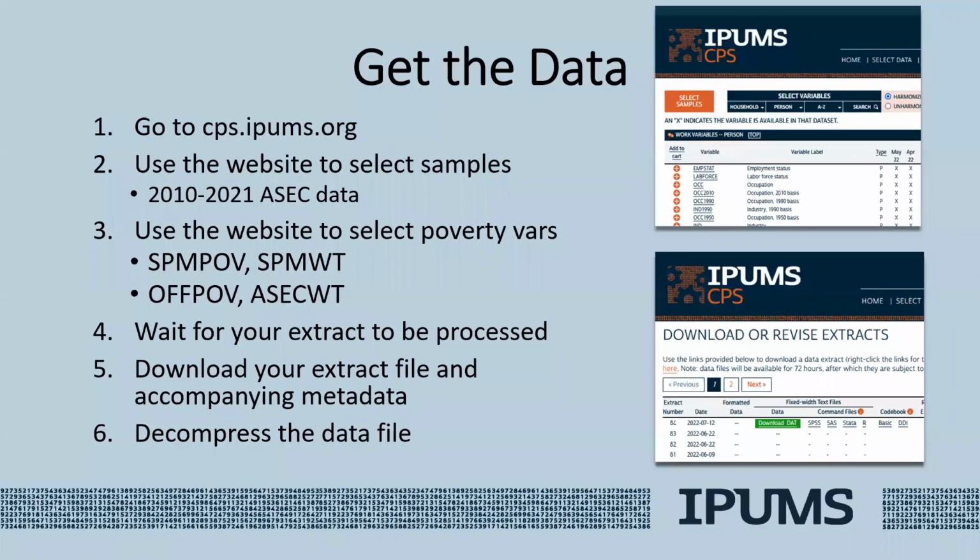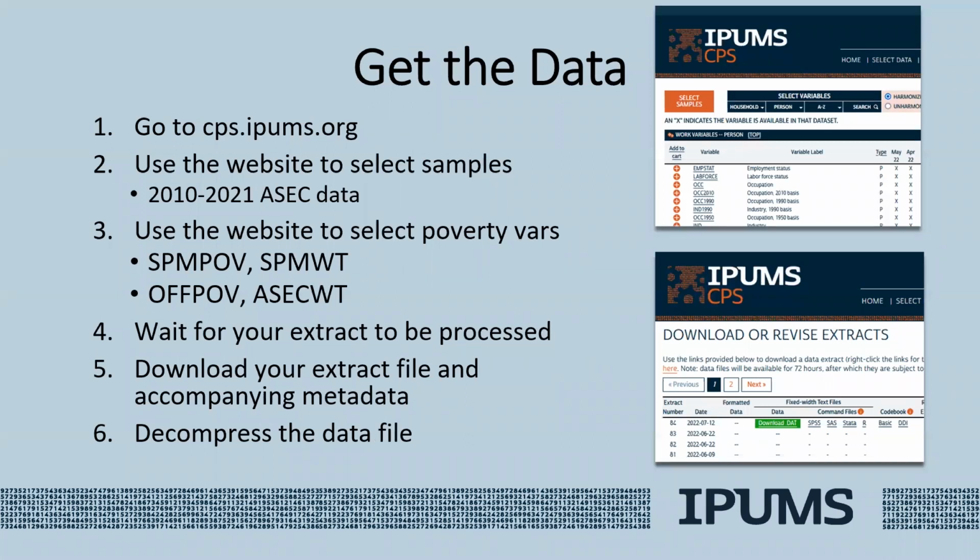So to come back to our IPUMS CPS example, if you remember our first get data step, there are a lot of steps here. A lot of them require browsing, pointing, clicking, waiting, followed by more pointing and clicking, sometimes on a different page.